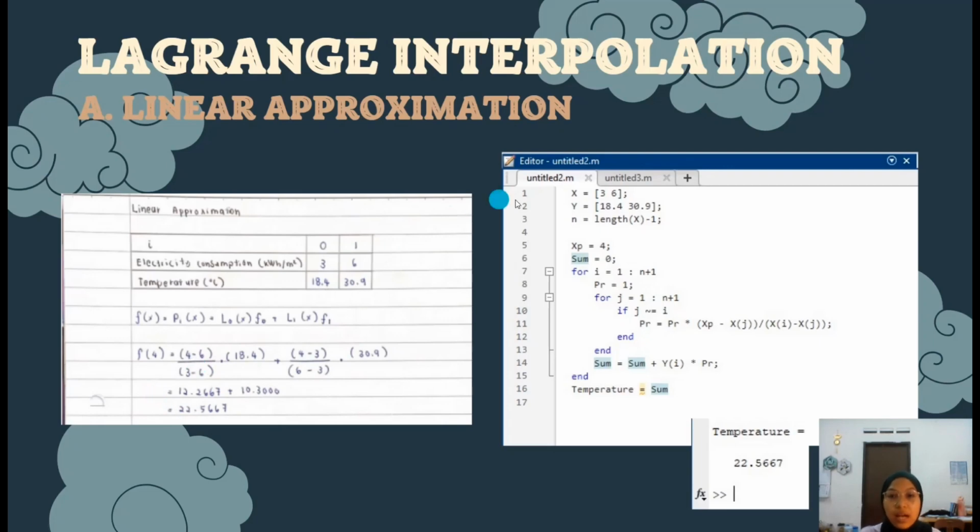So here is the simulation in MATLAB, and then we get this answer, 22.5667.